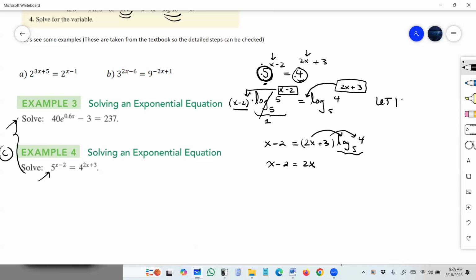I'm going to say let k equal log base 5 of 4. So I'm going to call this k. Now once I distribute to x, I'm going to get 2xk plus 3k.